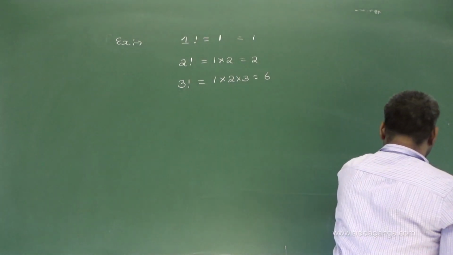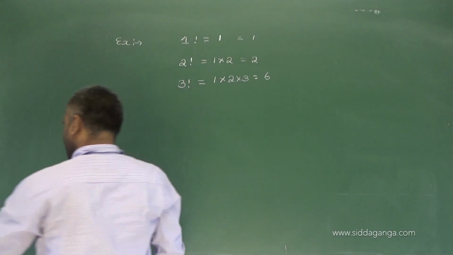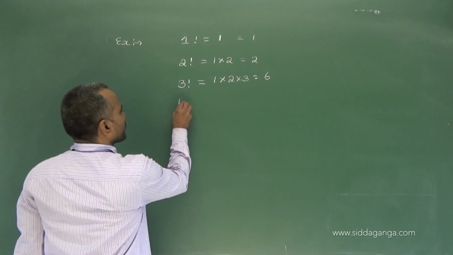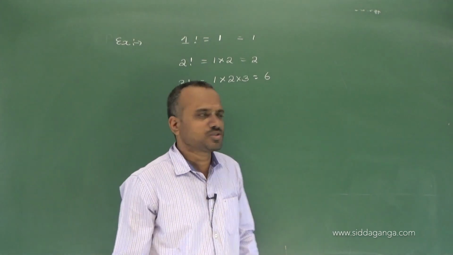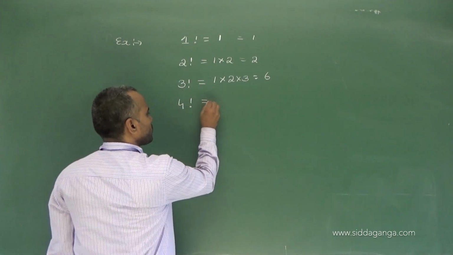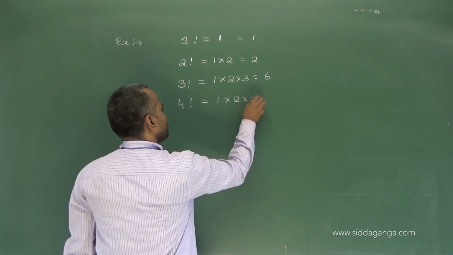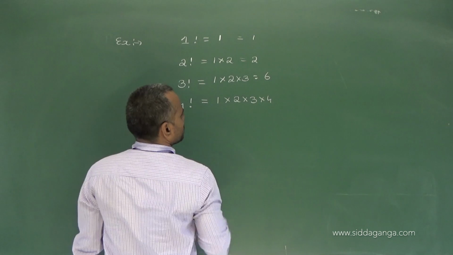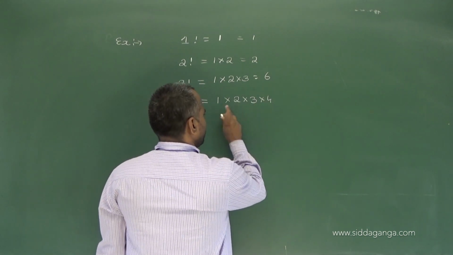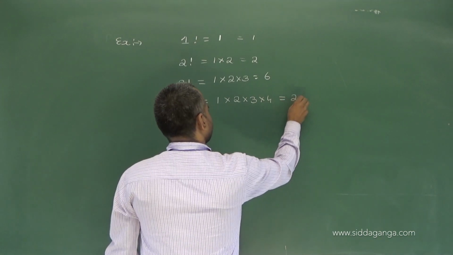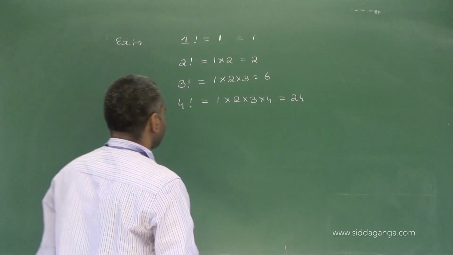Similarly, we write all the answers because this is a very important concept. 4 factorial. 4 factorial means what? The product of the first 4 natural numbers, 1, 2, 3, 4. 4 3s are 12, 12 2s are 24, 24 into 1, 24. Correct? Answer is 24.